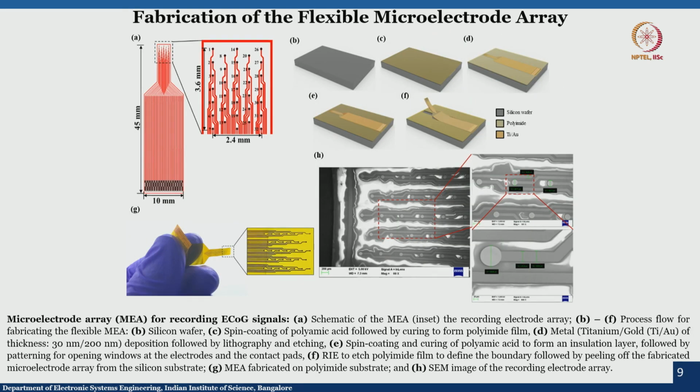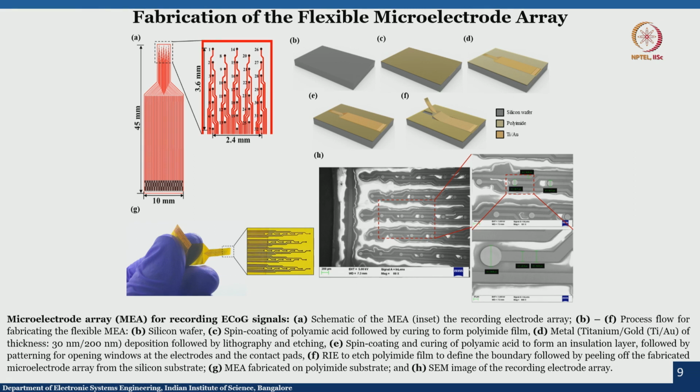Now, let us understand the fabrication, and use all the understanding till now to focus on this slide. You start with a silicon wafer, which is a base substrate to hold the actual substrate, which is our polyimide.